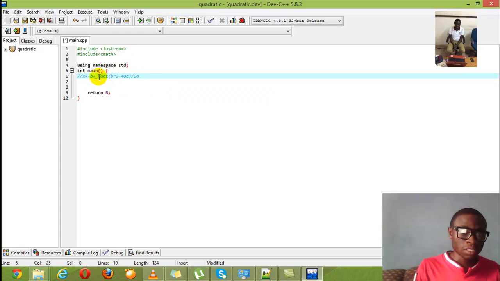So what is going to happen is that you store the root of b square minus 4ac in a variable and store 2a in a variable.